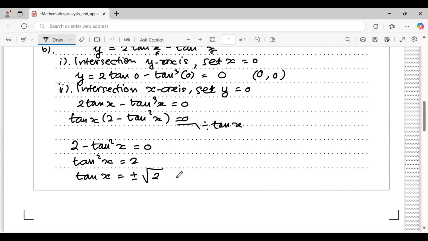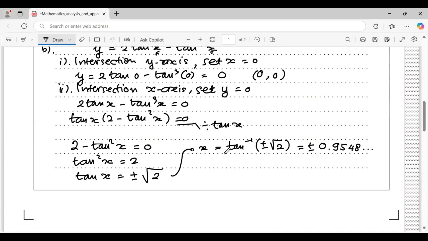If tangent x equals square root 2, we can determine the value of x. x equals arctangent, or tangent to the power minus 1, of positive and negative square root 2. The result is positive and negative 0.9548.